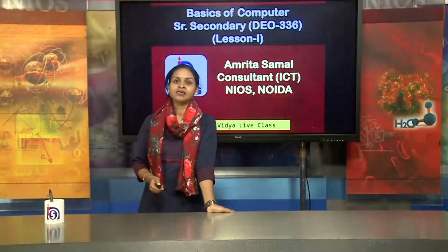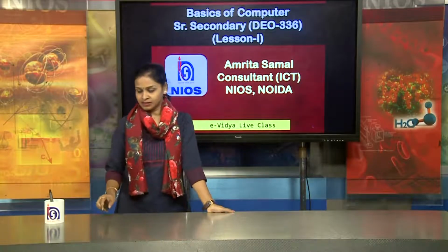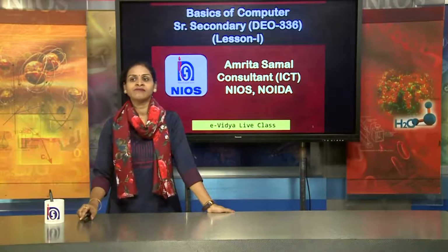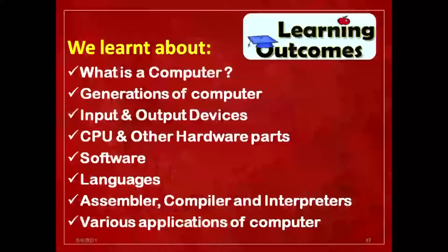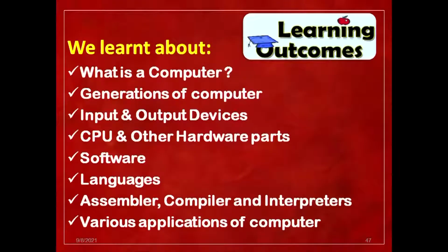So, dear learners, these are the various topics we have covered in this lesson. What is the learning outcome, or what have we learnt in this chapter? First we discussed what a computer is.